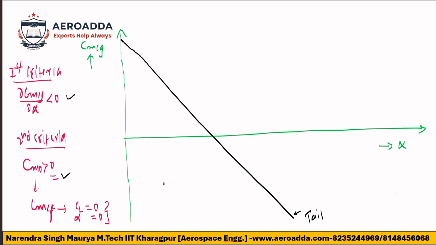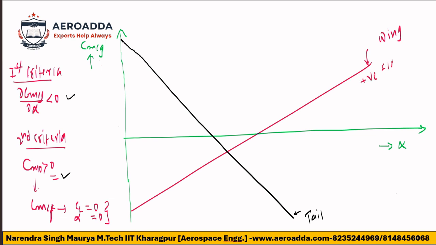Number two, we will be talking about another component, which is nothing but the main wing. I had shown you that a single main wing is always a destabilizing component. That contribution of the main wing is always negative. It will be destabilizing the aircraft. I have given a proper derivation, you please check it. So this is nothing but the main wing. Seeing the slope only, you can say this is a positive slope.